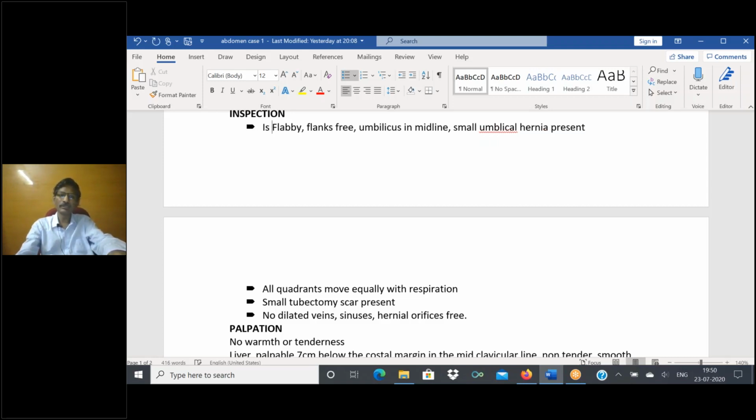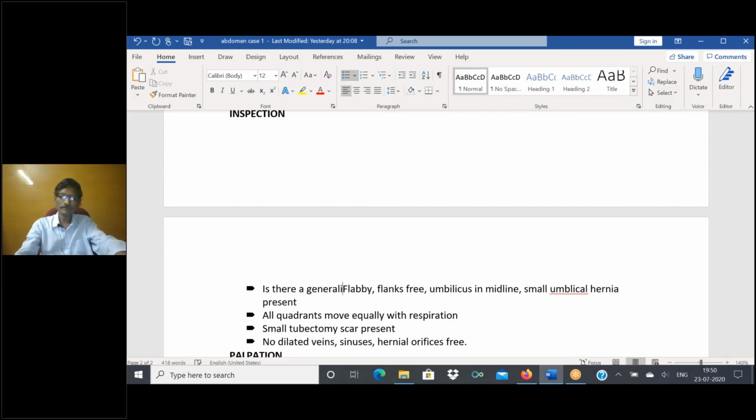So first thing you have to tell is whether there is a generalized or focal distension. This is the first thing you have to tell. Obese abdomen, okay. So then you tell it as generalized distension.